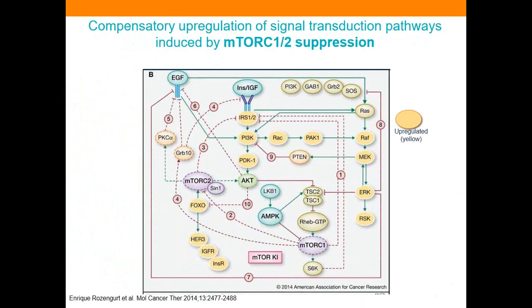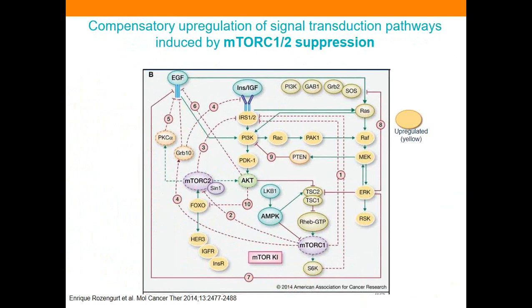We still have an increase in the MEK-ERK pathway. We're now getting an upregulation of the FOXO pathway. So now we're getting an increase in HER3. We're getting an increase in insulin-like growth factor. We're getting an increase in the insulin receptor.